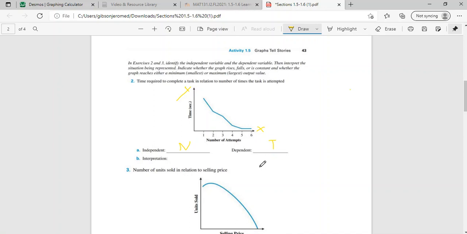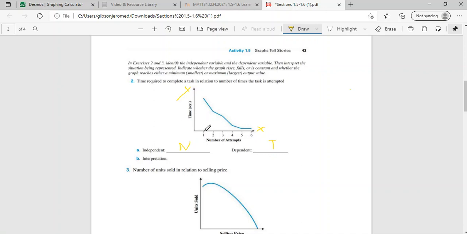Looking at this graph, we don't know exactly what the time is because the time is not really labeled. It does tell you that it's in seconds, but on the y-axis we don't know how many seconds it is. But what we can tell is the number of attempts.